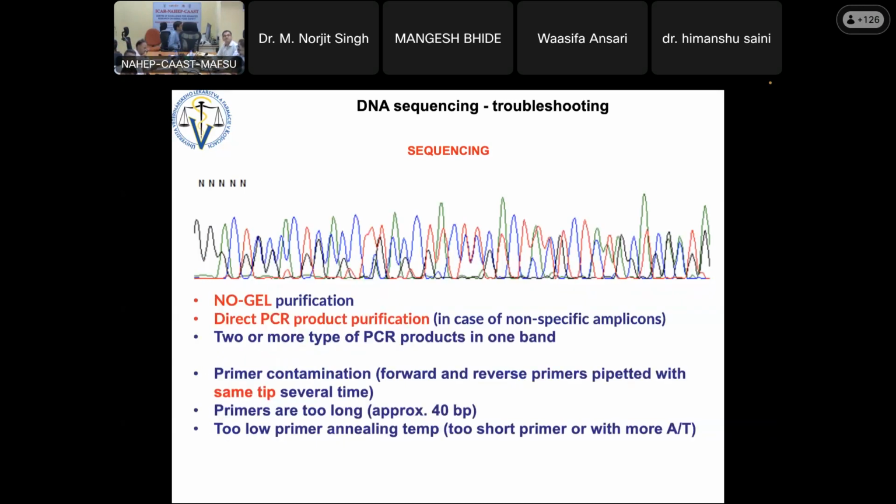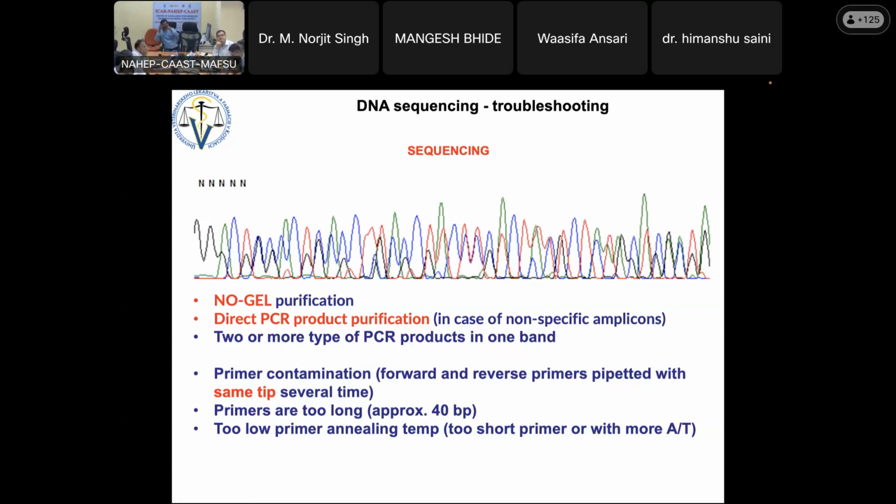Another issue, you may get this kind of result. You may say, wow, this is a really good result, I have a very good sequence, I can see ATCG. But the sequence is bad because you have multiple bands. For example, you see here you have 2, and everywhere there are 2 actually. You will get this result when you do not purify through the gel.